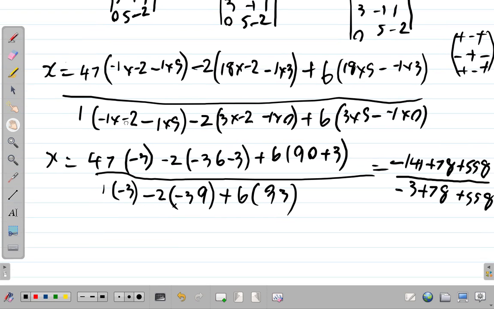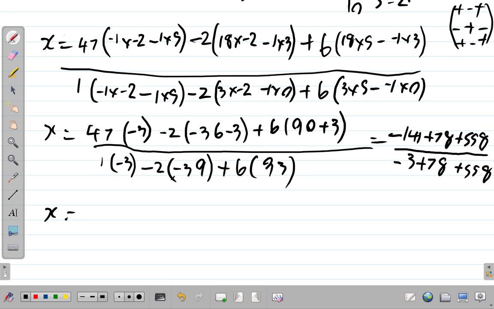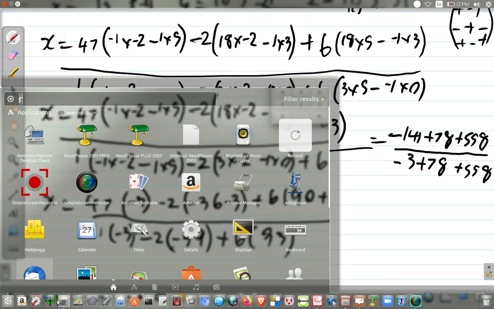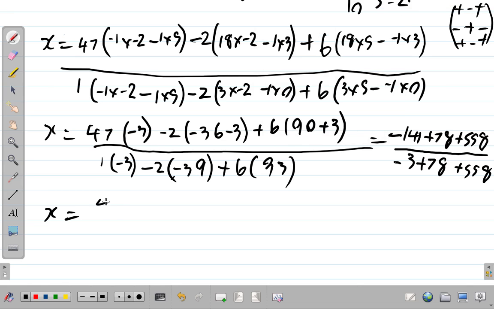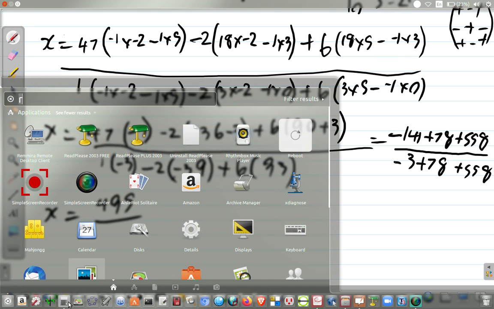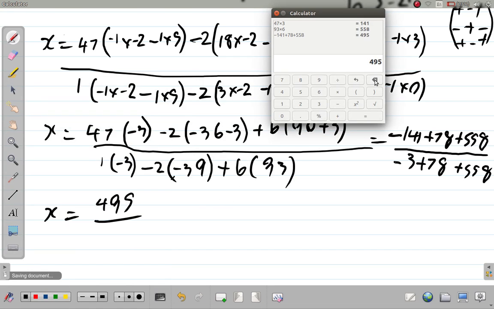All right, so let's see what x is. X equals, let's work this all out now. See what's going to happen with this. So we have negative 141, okay, plus 78 plus 558 equal 495. This is 495 over negative 3.